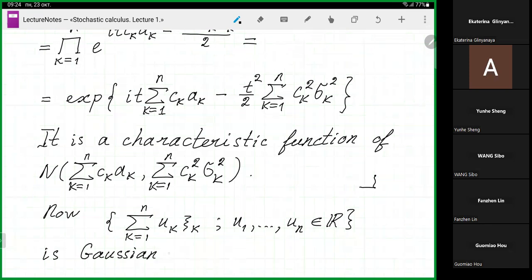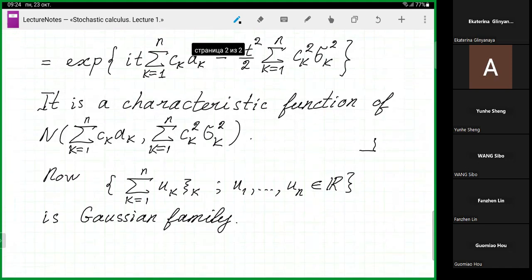So instead of the initial random variables psi1, psi n, I'm considering all its linear combinations. And it is trivial that it is now a Gaussian family, because a linear combination of linear combinations is still a linear combination of the initial psi1, psi n. So we have such an example.